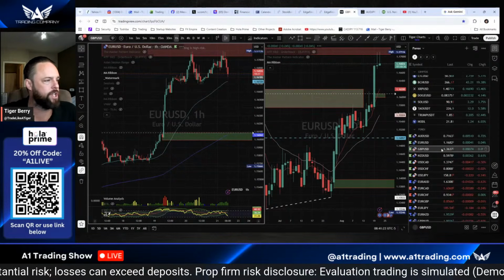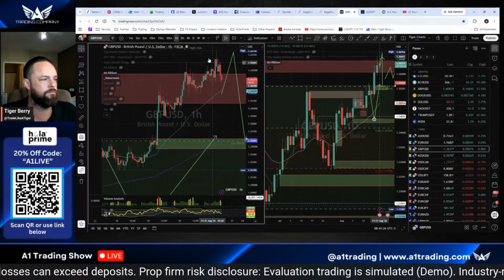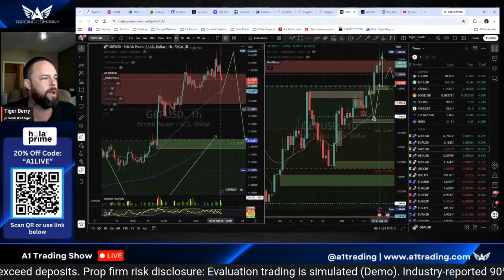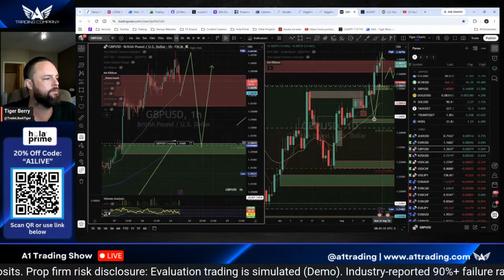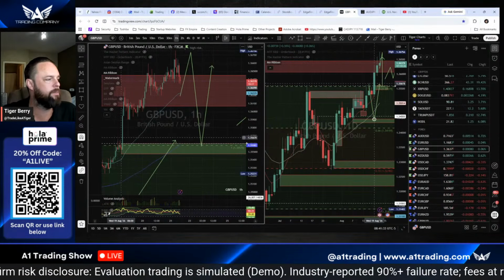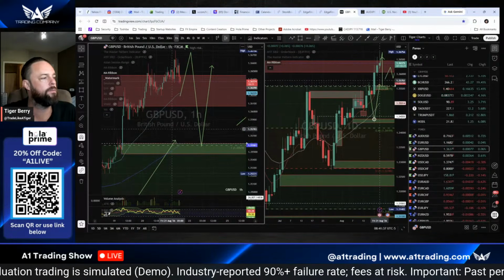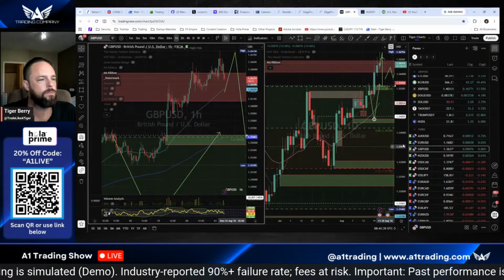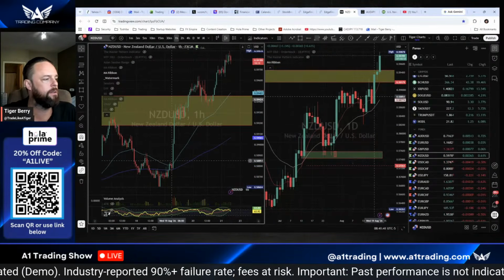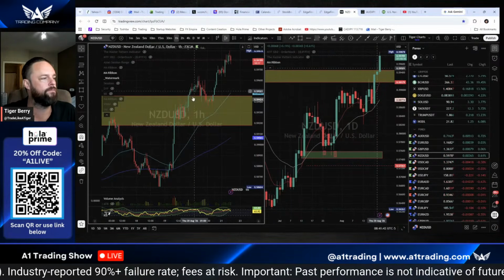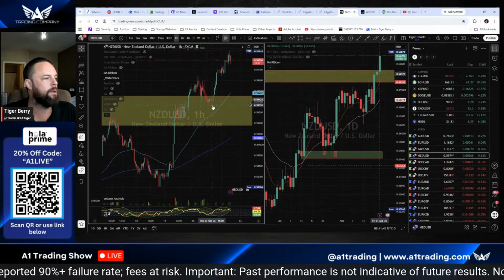Pound dollar, we're continuing to just hacksaw right through that overhead supply. We've already done that. Still looking for a potential retracement down to the same level, the same Wednesday morning level. Okay, the bond level. Kiwi dollar, same thing. It's down here a little deeper. We chewed through that overhead supply.